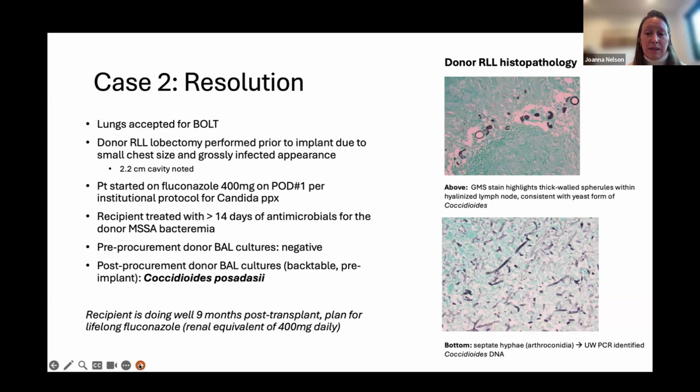The bottom is from the lung biopsy, which showed septate hyphae, the arthroconidial form of cocci, which is fairly atypical to see in tissue biopsies. For that reason, the sample was sent for PCR, which also identified Coccidioides DNA. The recipient was maintained on fluconazole and is doing well 9 months post-transplant with a plan for lifelong therapy.